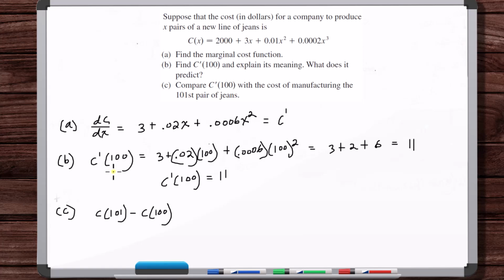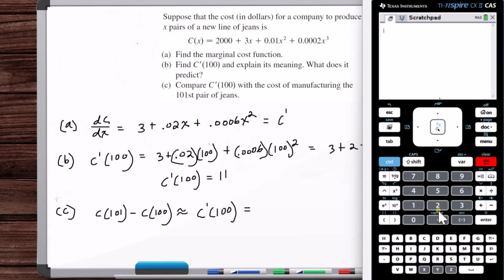This is. But what's going to happen, this is going to be approximately equal to C prime of 100. We're going to get like 11.01 or something like that. So we can do this. We can say plus 3 times x plus 0.01 times x squared plus... Okay, now we're going to store this as an equation.